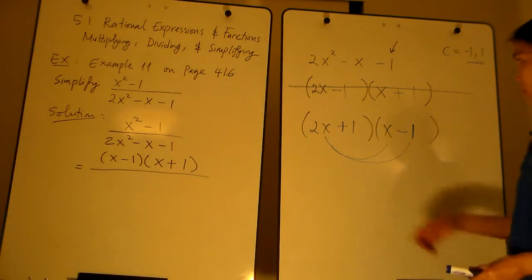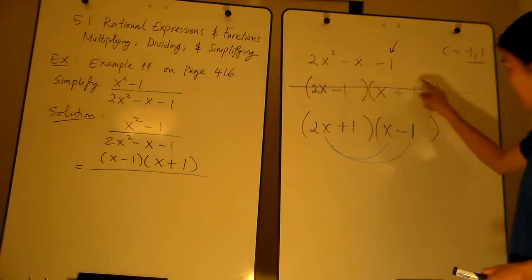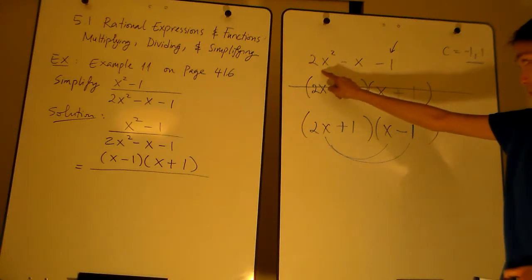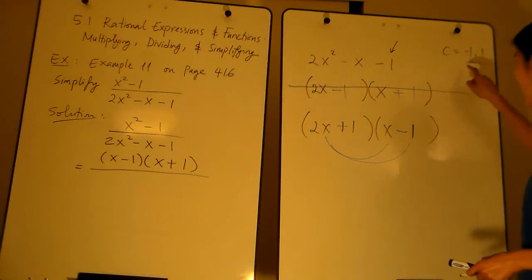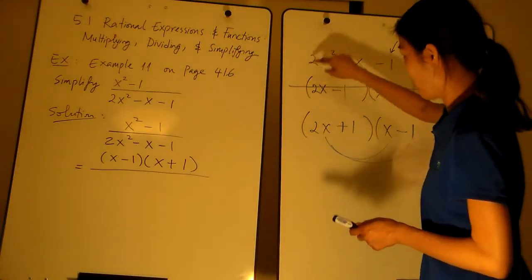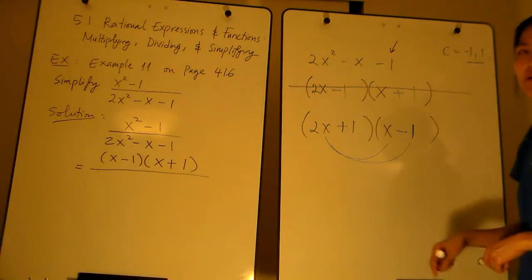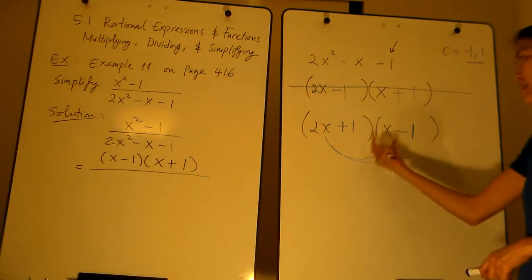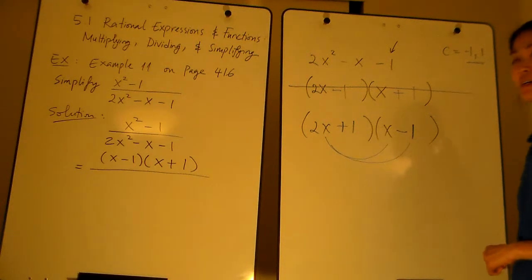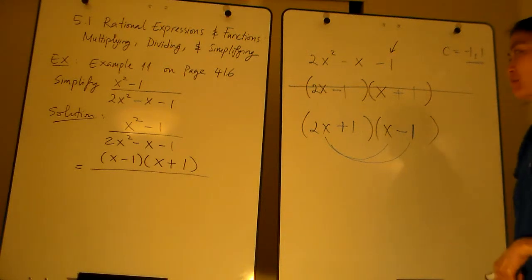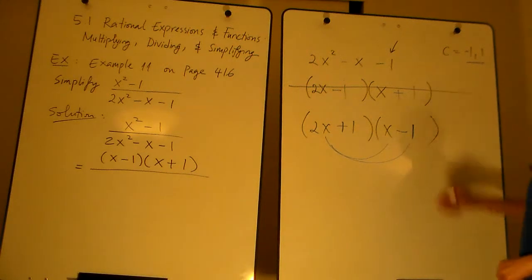Again, when you factor this trinomial, when the leading coefficient, which is 2, is not equal to 1, different from 1, then you just have to try many ways to find the correct factors. It's a little bit trickier, I understand, but it's the nature of the problem.